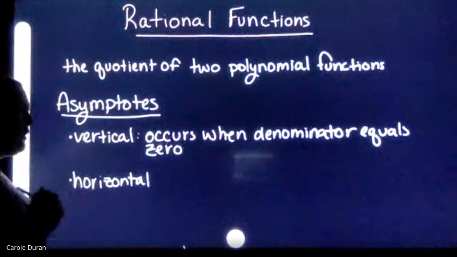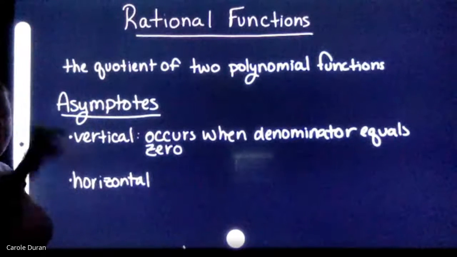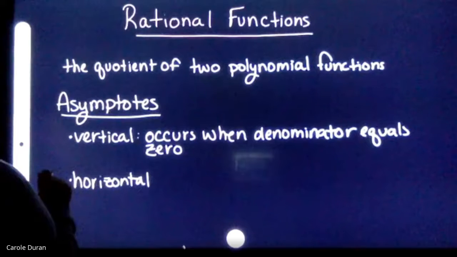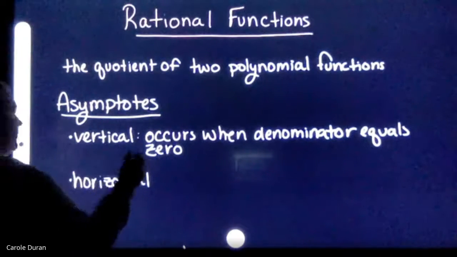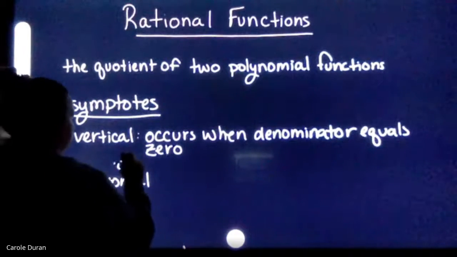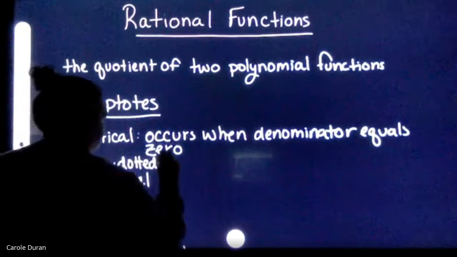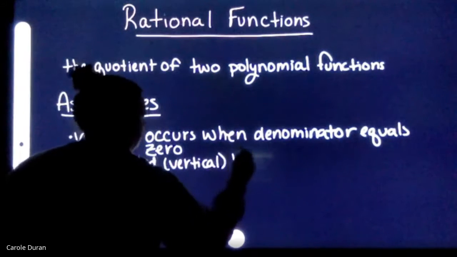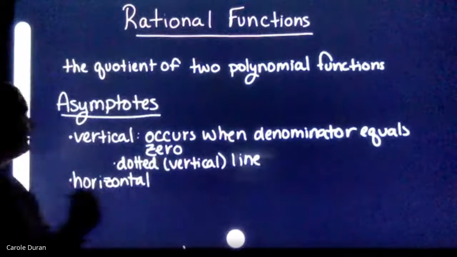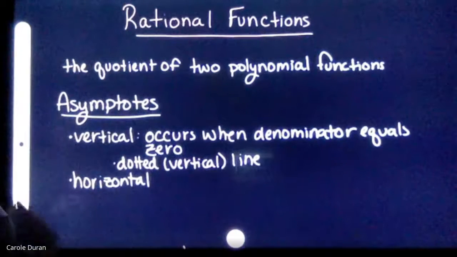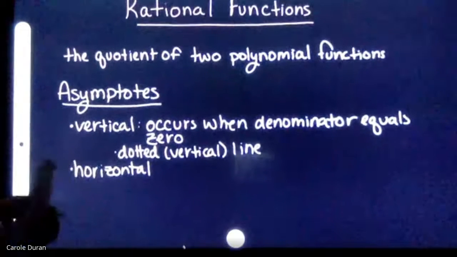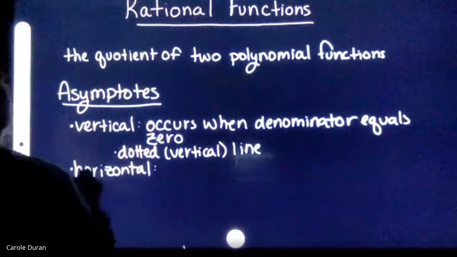And in case you can't remember what a denominator is, it's the bottom part of a fraction. We use a dotted line, a dotted vertical line, to indicate a vertical asymptote on a graph. And then we use a dotted line going horizontal to indicate a horizontal one on a graph.